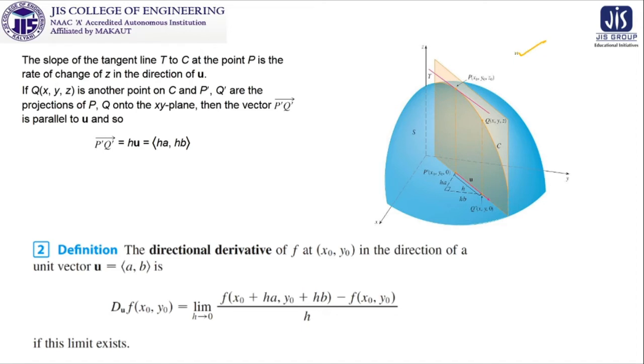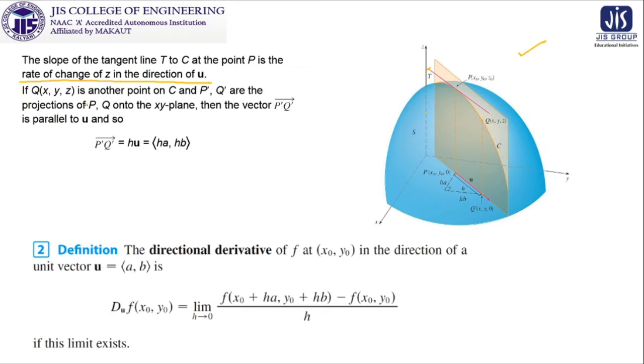The slope of the tangent line T, this is the tangent line, named T, to C at the point P is the rate of change of z in the direction of U, which is our requirement for today's class, where that arbitrary direction vector is present on the xy plane.